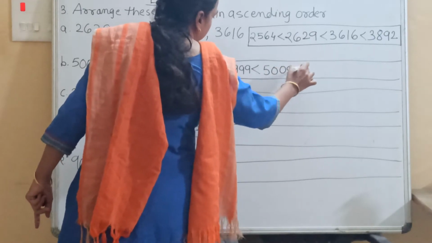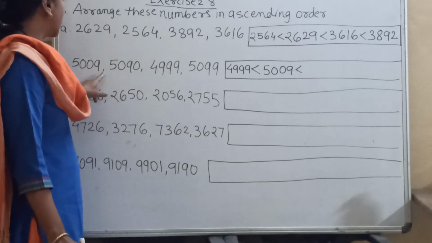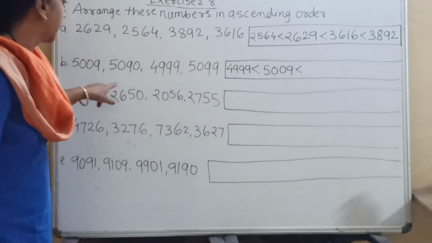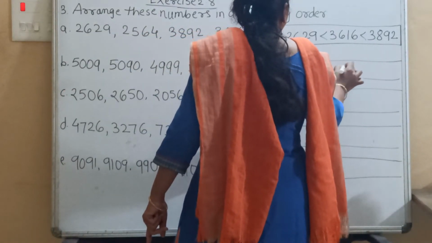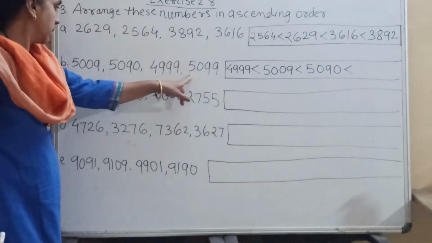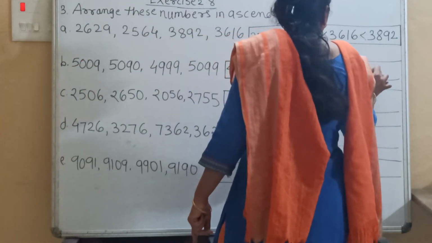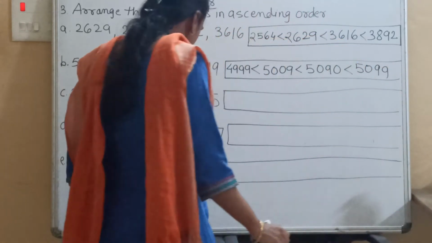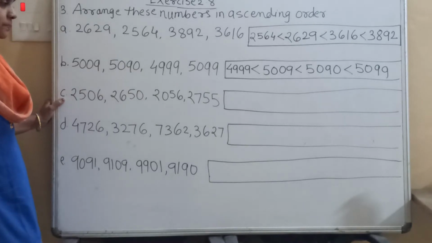Then give this sign. Then bigger than 5009, which number is there? 5090. Again give this sign. Then 5099 is the bigger number. So that number we will write at the last.